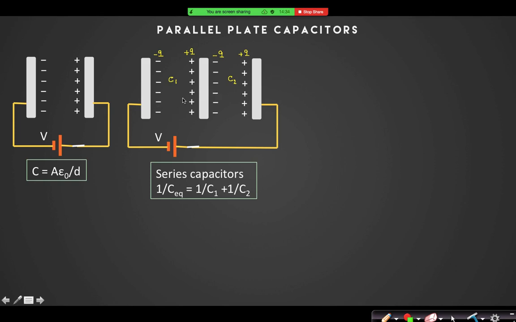Now what is the potential difference across the first capacitor, V1, and what is the potential difference across the second capacitor's plates? Can you tell me? V1 is Q by C1 and V2 is equal to Q by C2.